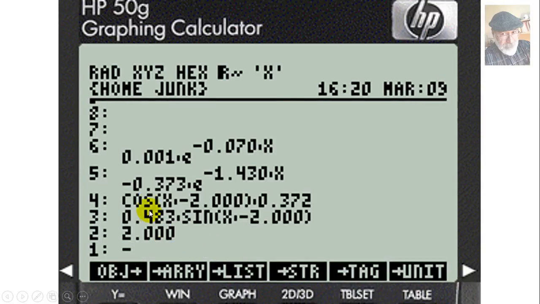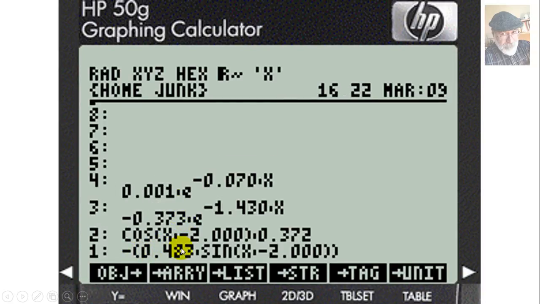Break that object into pieces, and the last sequence is a combination of 2 terms in 4 and 3, 2 terms. Subtraction. Okay, instead of subtracting 0.4 something, I would just change its sign, negative of all of that. Those are the 4 terms of our function of time: 2 exponentials, a cosine, and a sine.